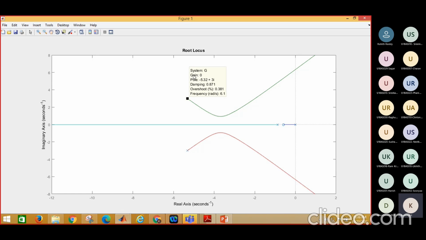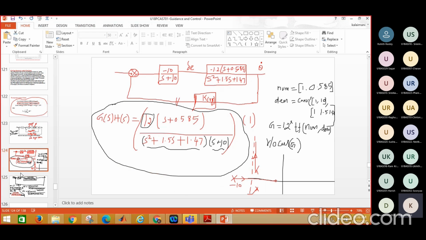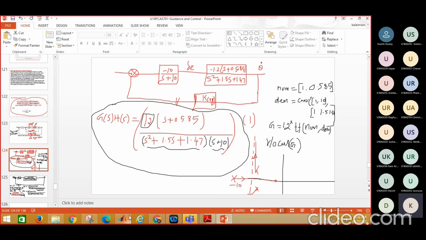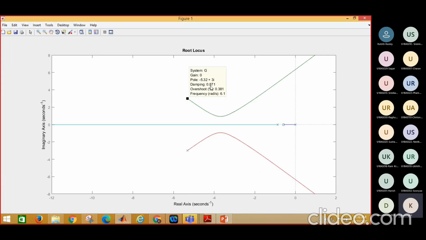That means the rate gyro sensitivity gain is 2.5. My damping is 0.871. So if initially the gain is 0, that is 0.871.